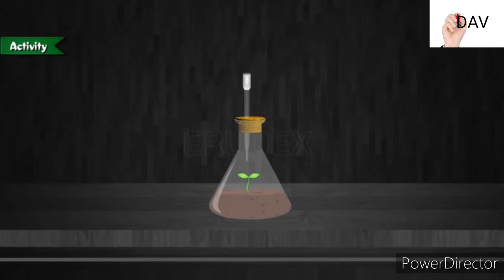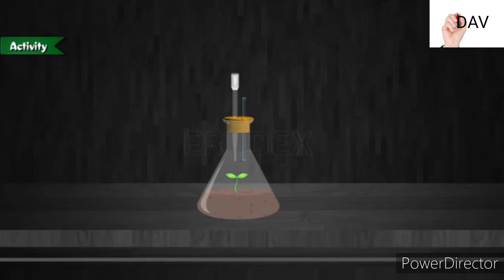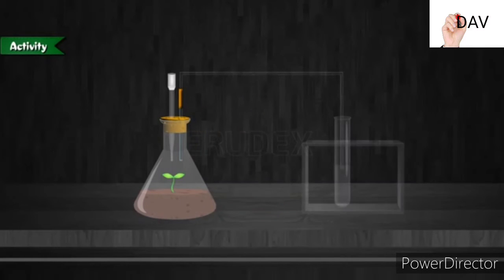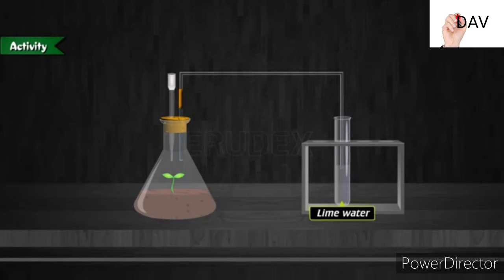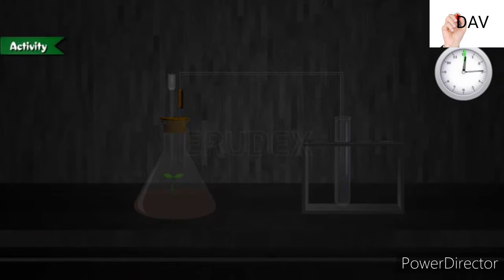The rubber cork we are using has to have 2 holes. Insert one funnel into one hole and insert one connecting tube. Let's connect the connecting tube to a test tube which contains lime water.